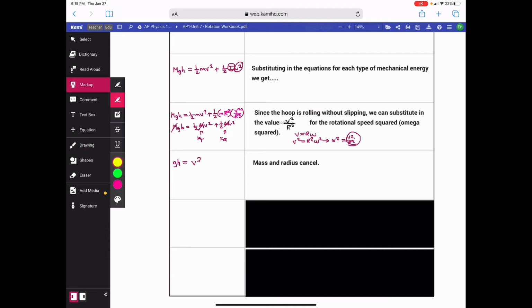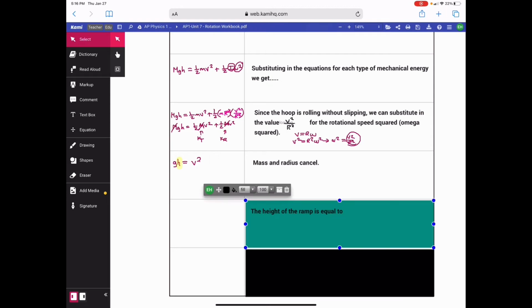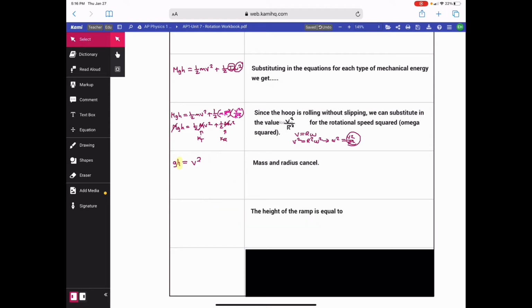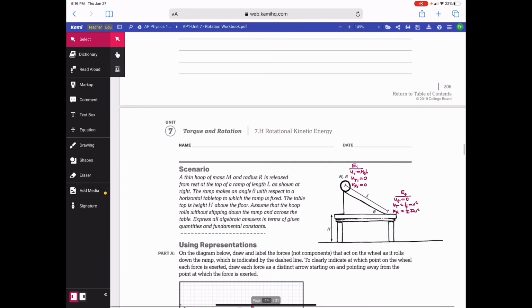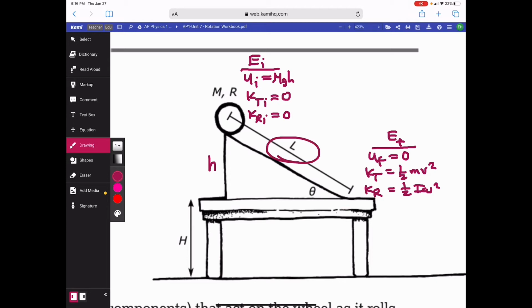Next, what we're going to do is substitute for the height. The height of the ramp is equal to, if you go back and look at the actual ramp itself, here's the ramp, here's the height. The height is the opposite side of L. So we could say that the height is equal to L times sine theta.